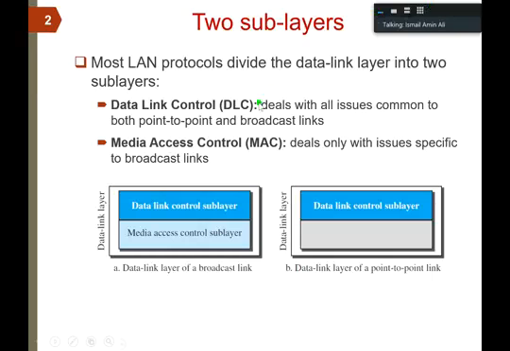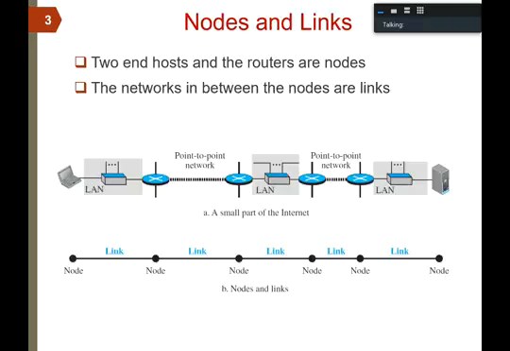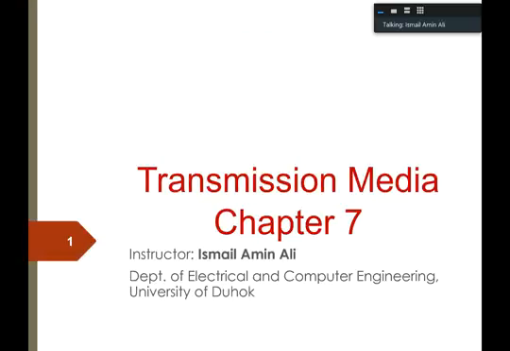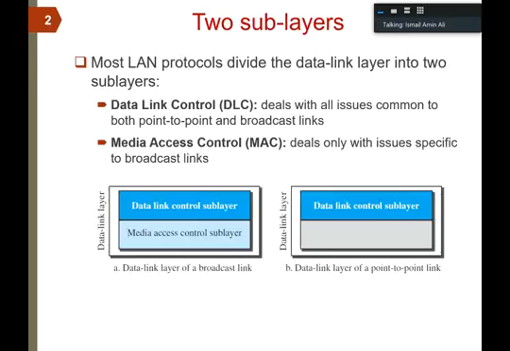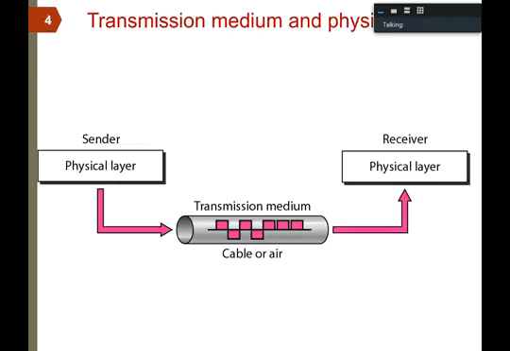The physical layer is the first layer in both models, in the OSI and in the TCP/IP reference model.